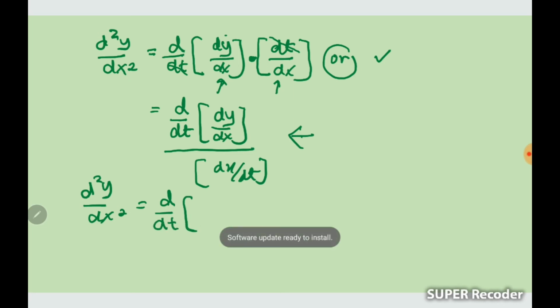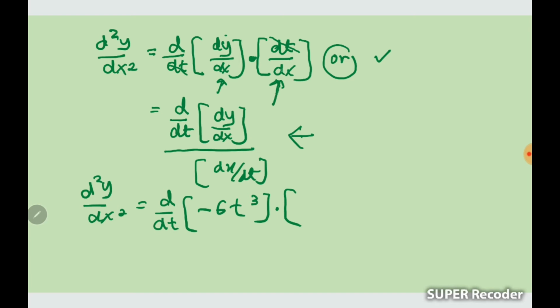Our previous result is negative 6t cubed. Then you have to multiply with dt dx. What is the value for dt dx? dx dt, we just got the answer is negative 1 over t squared.